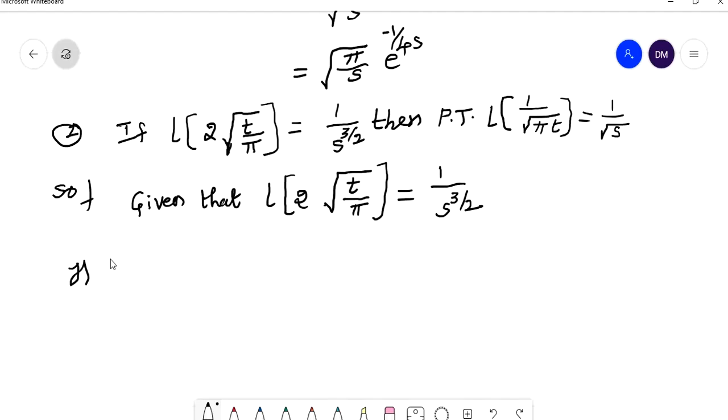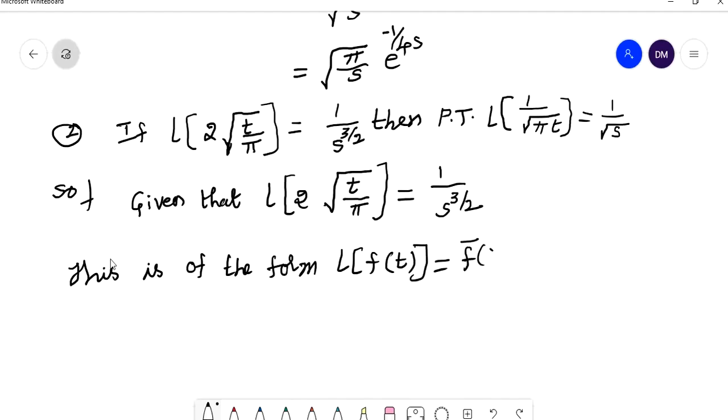This is of the form L of f of t is equal to f bar of s.